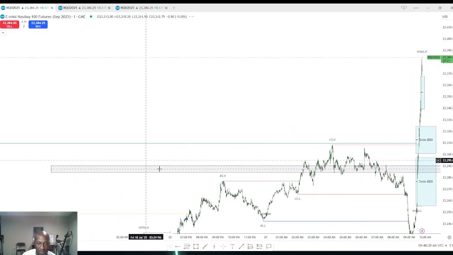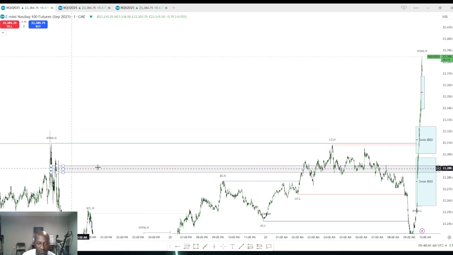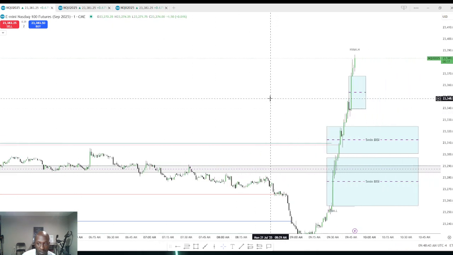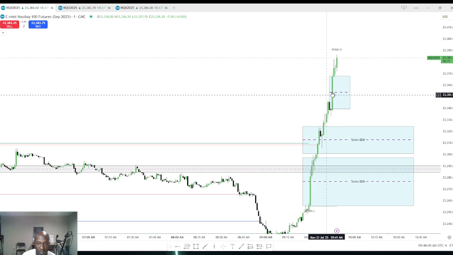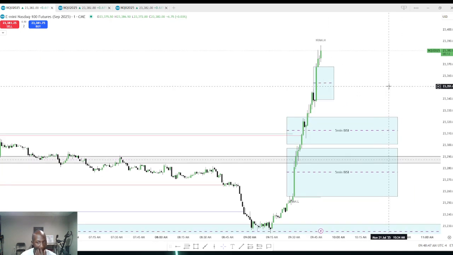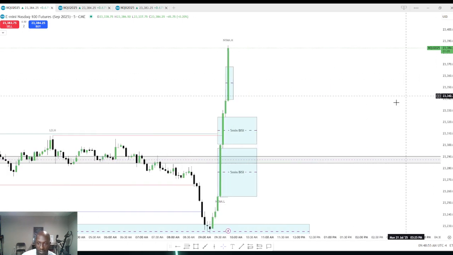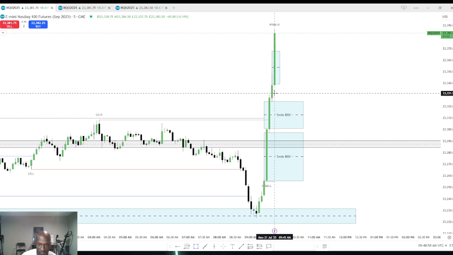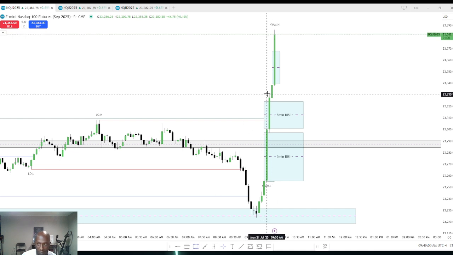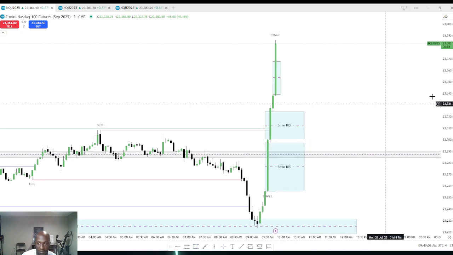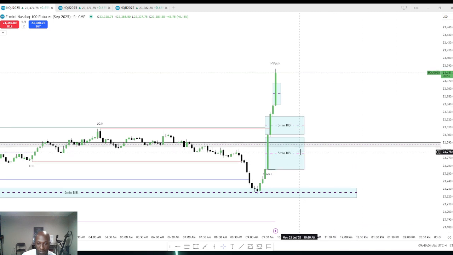This is last week's first presented fair value gap from Friday. All right, we got no retracement back into there. Again, that's okay. If we take no trade, we take no trade. I still got a minute left in that candle. See where it's going to close.